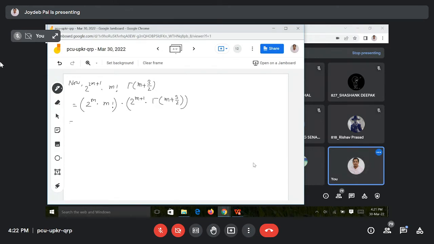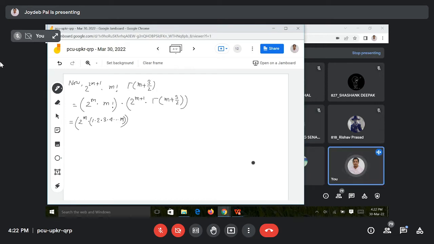Now, this part. There are actually m number of 2's, and if you expand this m factorial, I can write 1, 2, 3, 4 up to m. Are you getting? Yes, sir.